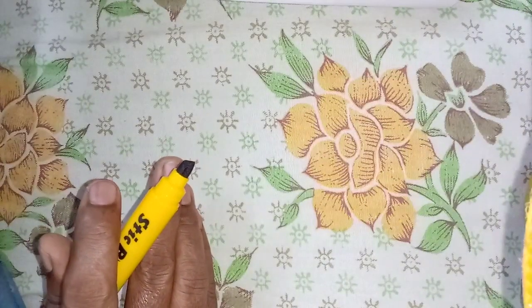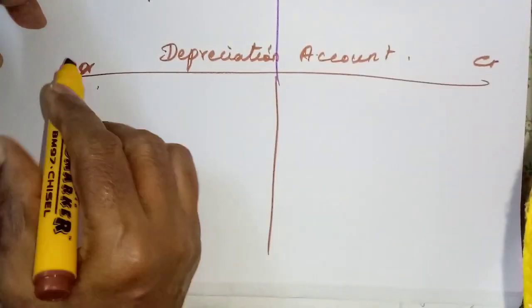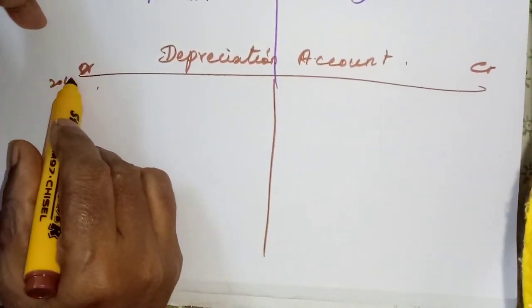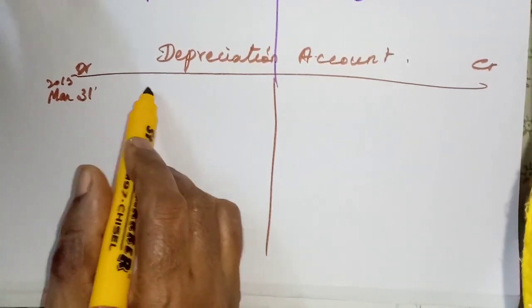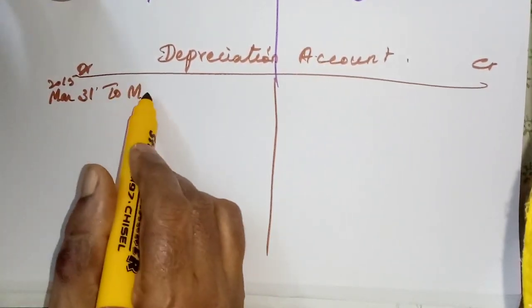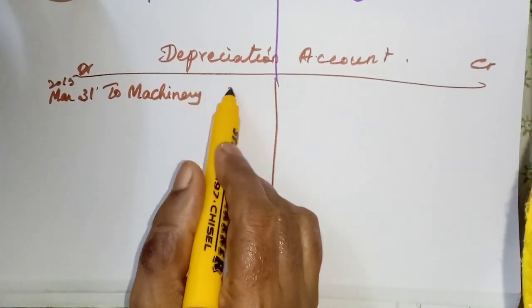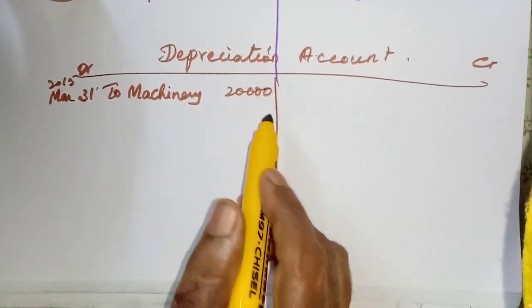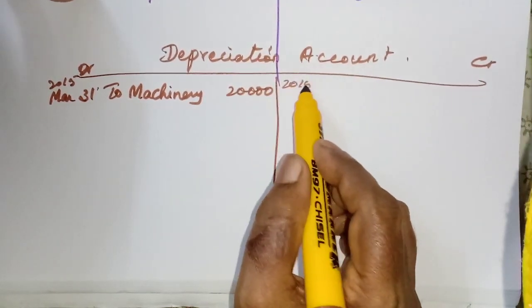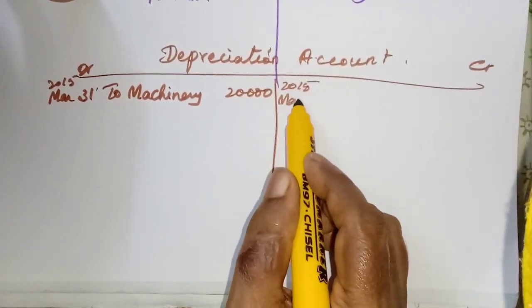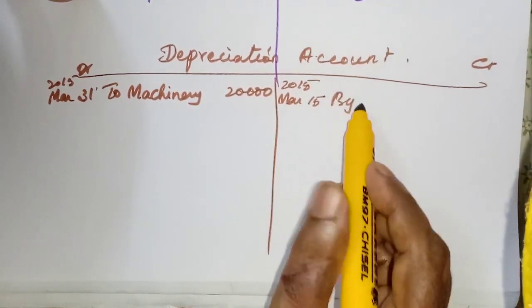Year ending 2015 March 31, to machinery account, 20,000. Then same date, we need to transfer this one to profit and loss account.